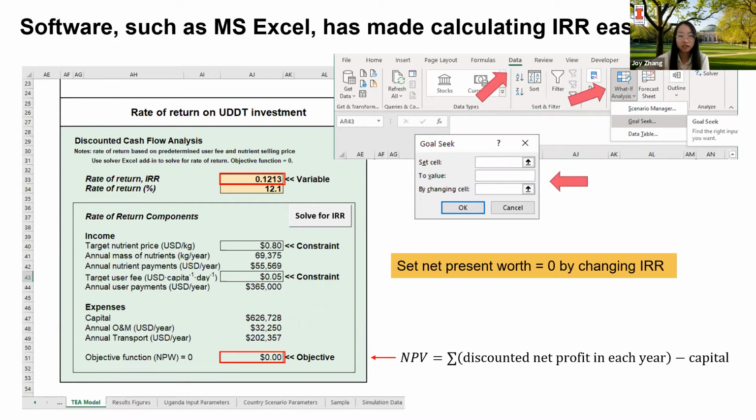At the set cell block, we will need to input the cell where we put the net present value equation. And then we set it to value 0 by changing the cell where we put the IRR values and click OK. And then we'll be able to see the IRR this goal seek function solves for us. Next, please.